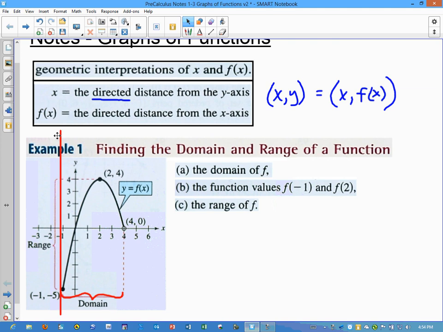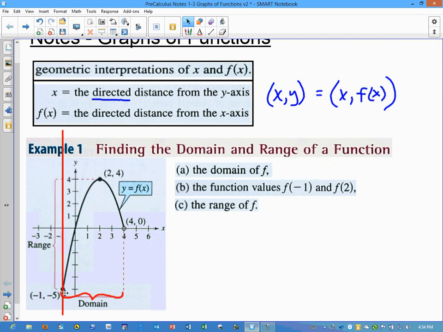When you first touch the graph, that will be where your domain begins, because that will be the x value that has a y value on the graph. Notice how there is no graph to the left of this vertical line. So therefore, the function is not defined until we get to at least this value of x, which is -1.